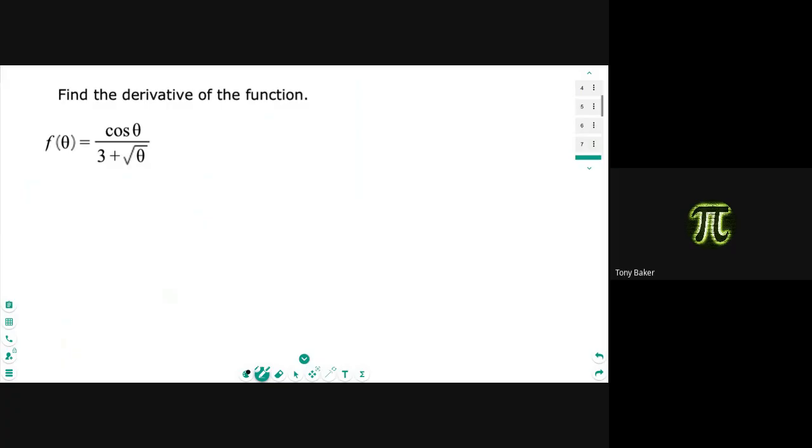Don't think about it as something different. It's just a variable. It's just a Greek letter that we typically use for angles, but it's no different than any other variable.